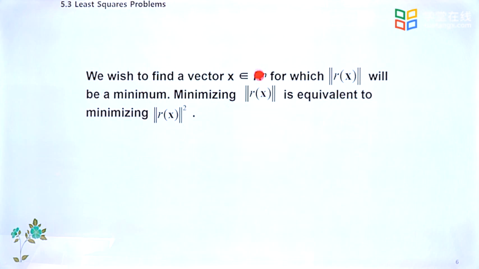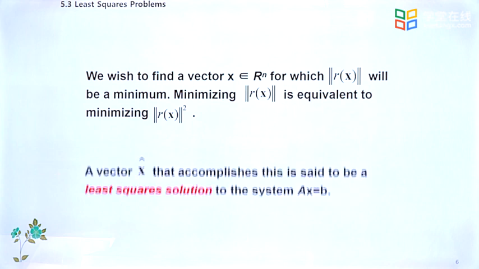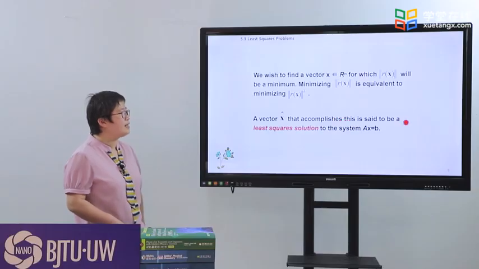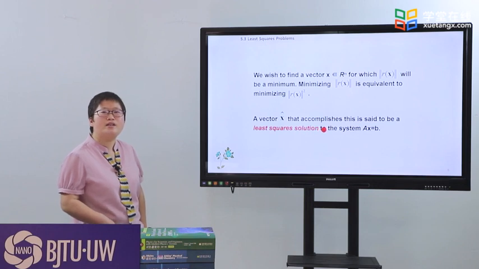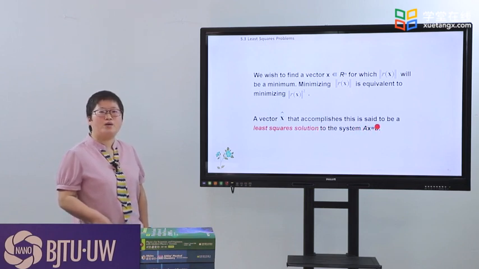So we wish to find a vector x in Rn for which the length of r(x) will be a minimum. Minimizing the length of r(x) is equivalent to minimizing the length of r(x) to the power 2. They are the same, right? A vector x hat that accomplishes this is said to be a least squares solution to this system Ax equals b.